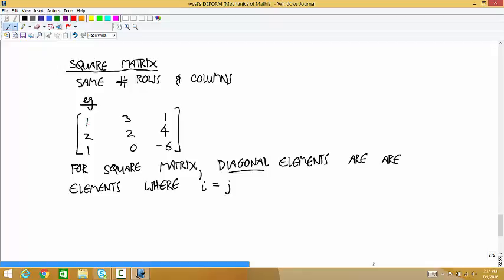So this here is 1, 1. This one's 2, 2. This one's 3, 3. So that's the diagonal of a square matrix.